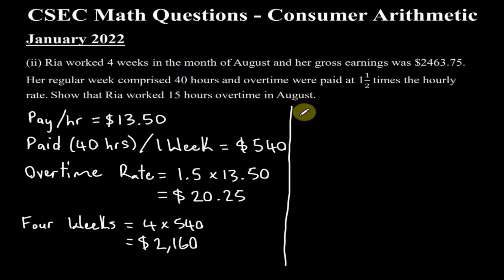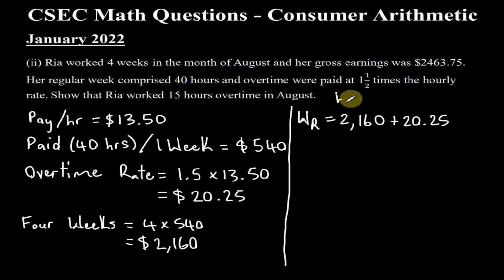So I'll develop this formula and I'll call Rhea's gross earning WR, since Rhea's name begins with an R, is equal to the amount of money that she would have earned over the 4 weeks before overtime, and that is $2,160, plus her overtime rate of $20.25 times the number of overtime hours that she would have worked, and that is what we want to prove here.